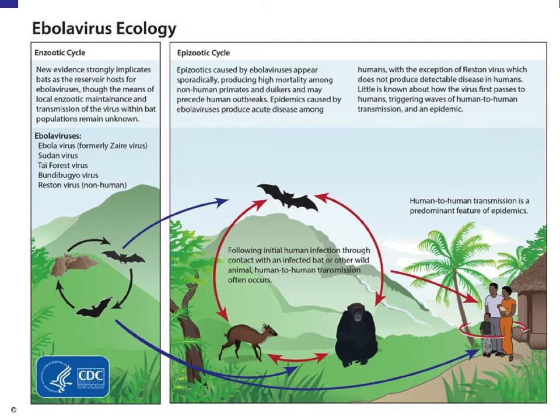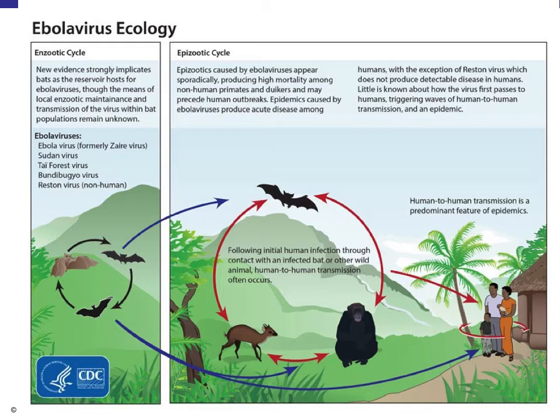So this is the suspected cycle. Bats are implicated. So between bats and wildlife, this virus can circulate, and then by some means be transmitted to humans, either from direct contact with infected bats or direct contact with the meat or blood of an infected non-human primate.